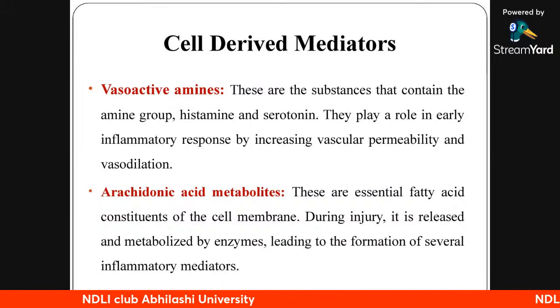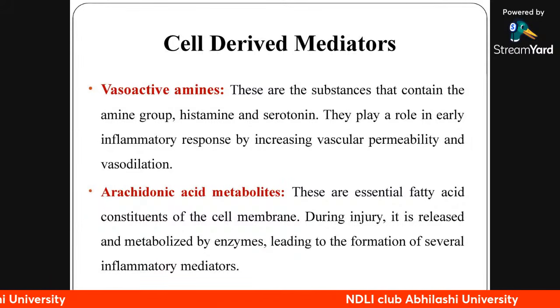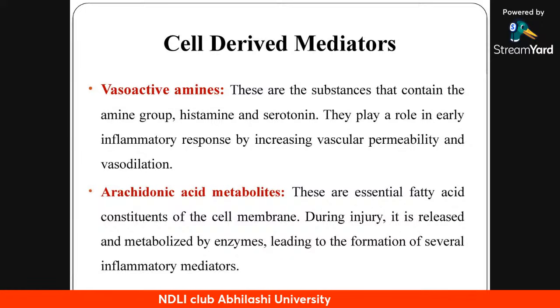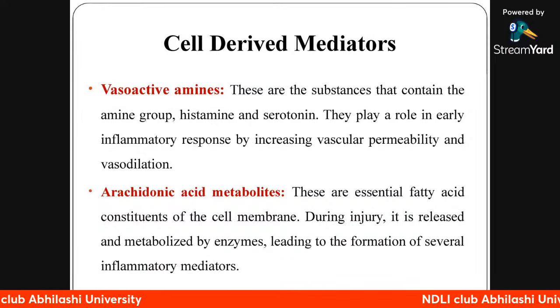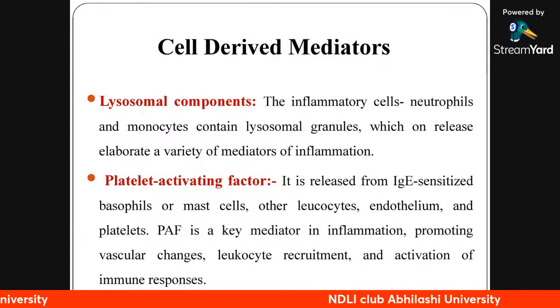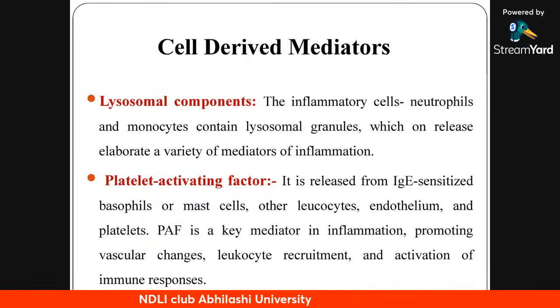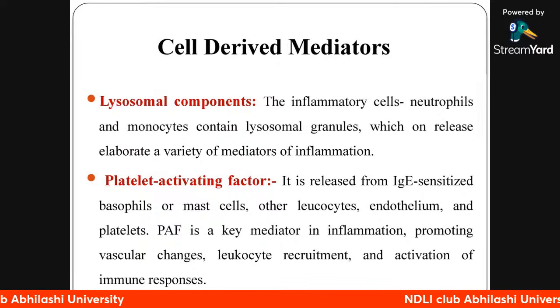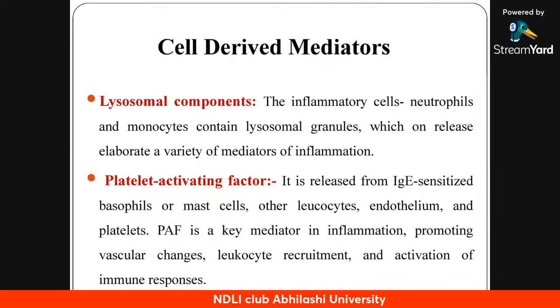These are essential fatty acid constituents of the cell membrane. They produce several inflammatory mediators, including prostaglandins and leukotrienes. Next, lysosomal components. Inflammatory cells like neutrophils and monocytes contain lysosomal granules, which produce a variety of mediators of inflammation.